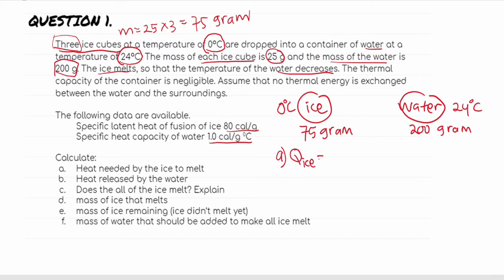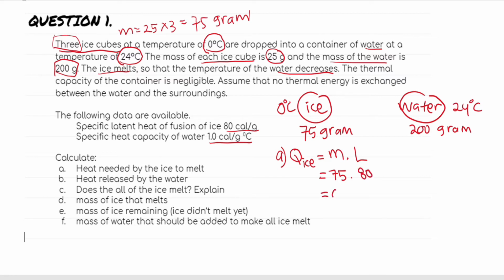for the ice is to melt, to change its phase from ice to water. So we use the equation for latent heat. Q equals M times L, M for mass and L for specific latent heat. The mass is 75 and the specific latent heat of fusion of ice is 80.